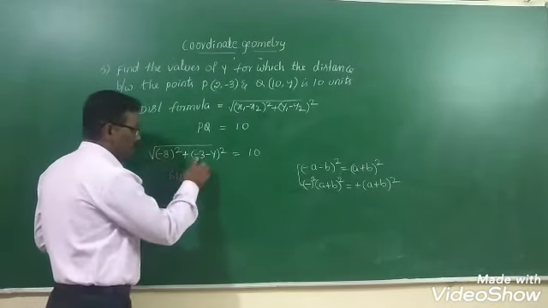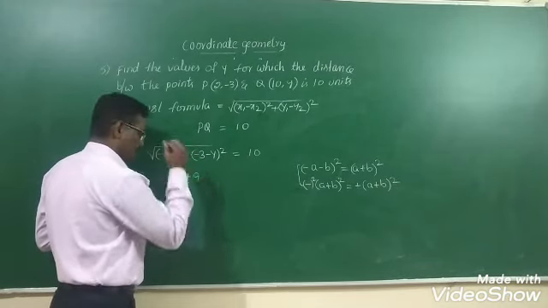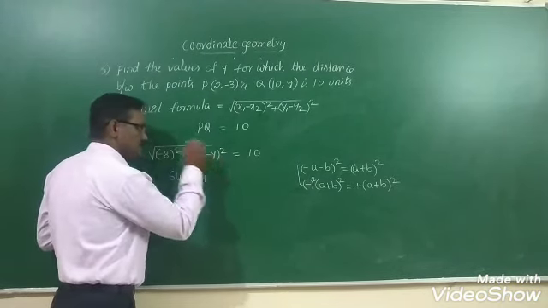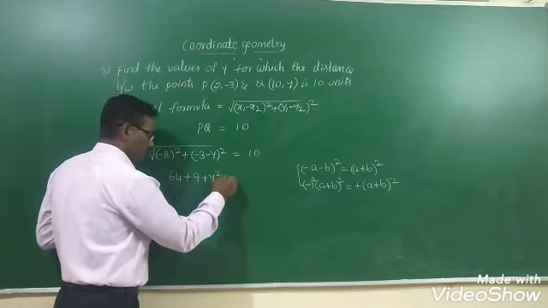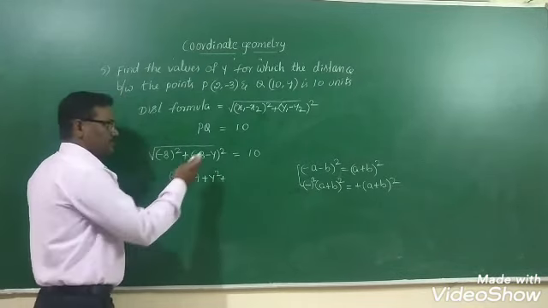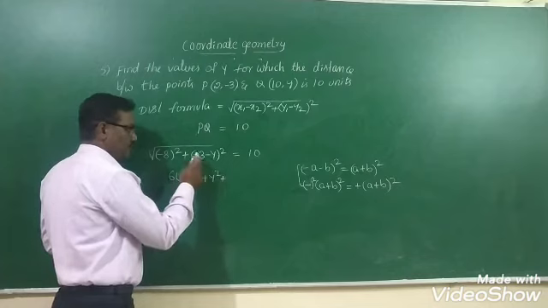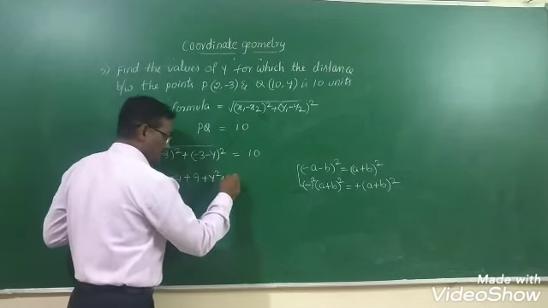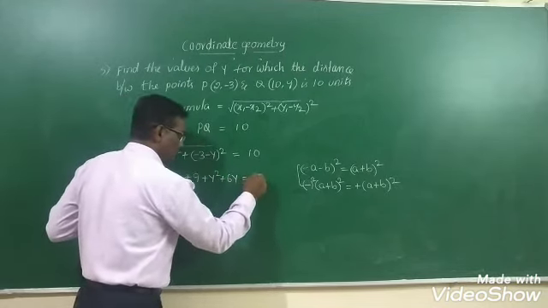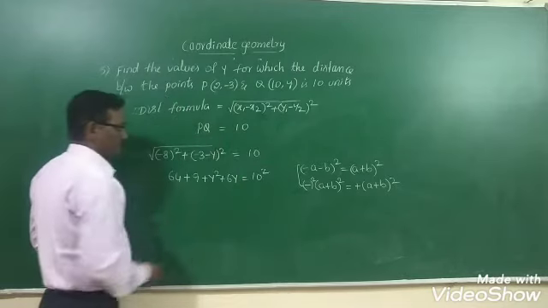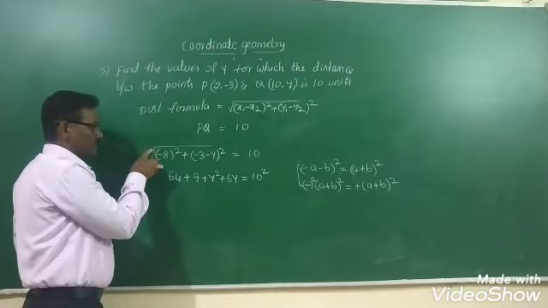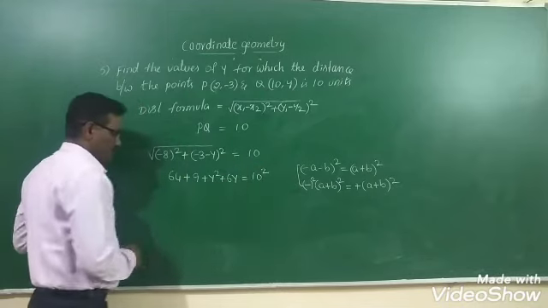Directly we can apply (a plus b) whole square. a square, minus 3 whole square, is 9. Minus 5 whole square, that is b square, y square, plus 2 into a into b, 2 into 3 is 6, into y, 6y, equals 10 square, because after transposing this square root here, we get the square of 10.